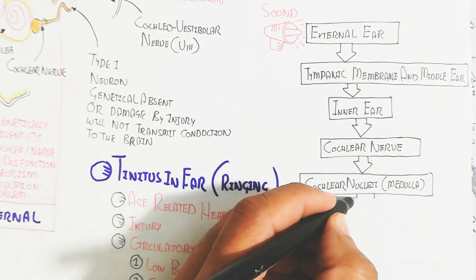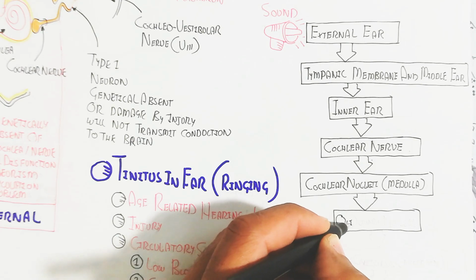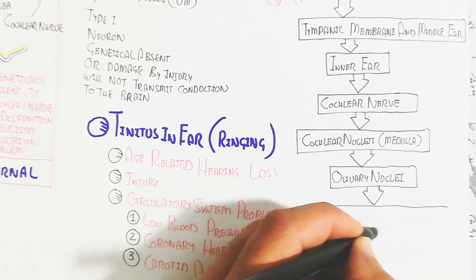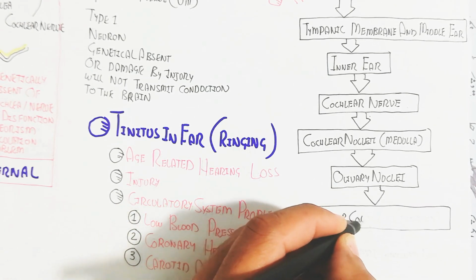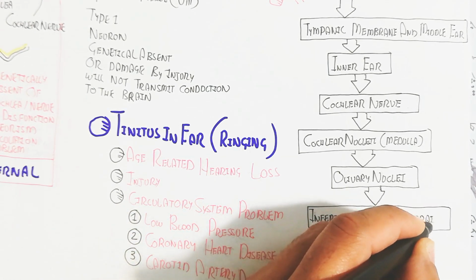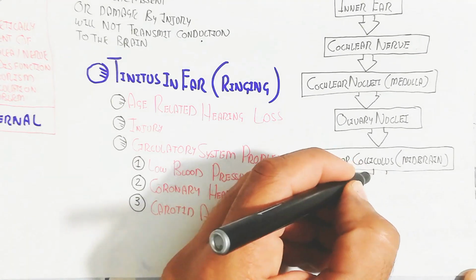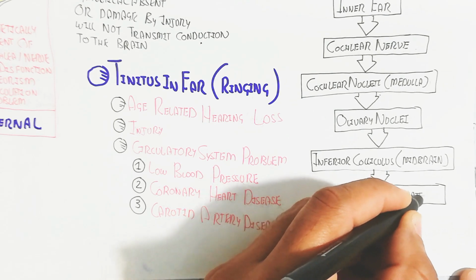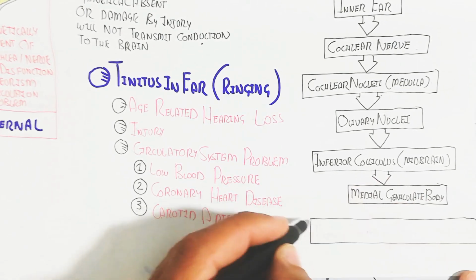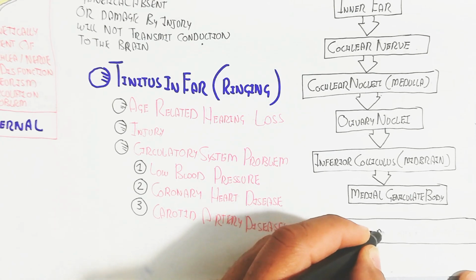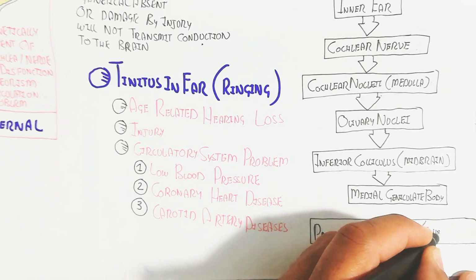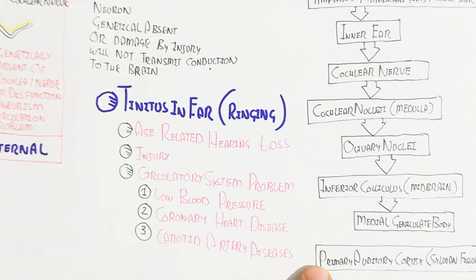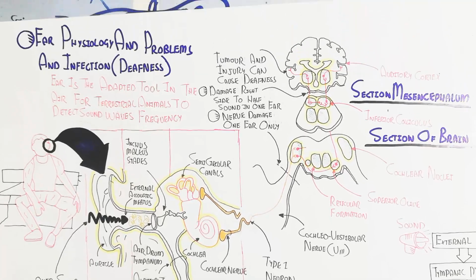A problem in the cochlear nuclei in the medulla can cause problems, and further on, the olivary nuclei, if absent genetically or problematic, will lead to deafness. Then the inferior colliculus in the midbrain, and the medial geniculate body, lead to the primary auditory cortex at the Sylvian fissure. Remember, this is the sound pathway. A problem from the primary to the secondary cortex will lead to deafness.